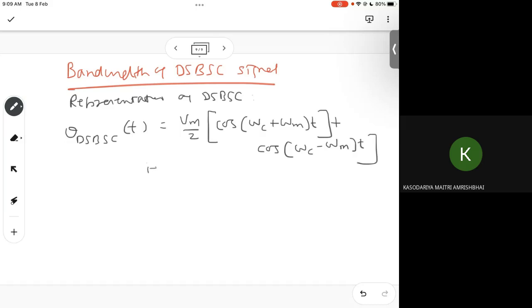That is, no carrier term, and where omega is 2 pi f, that we already know.